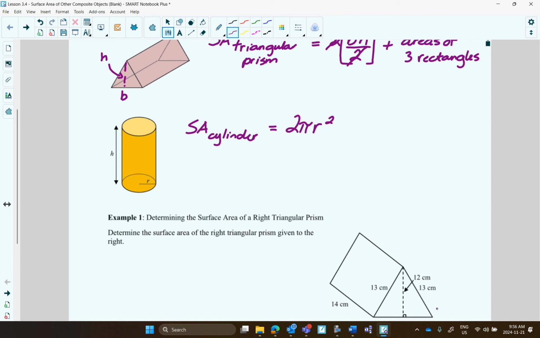And how do we find the circumference? 2 pi r. So that's the length of the rectangle. And then to find the area, I times it by the height. So this is the length of the curved portion, this is the height. So that's how I find the area of the curved portion. And then to find the total, I just add them together.